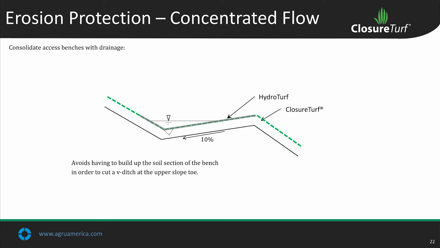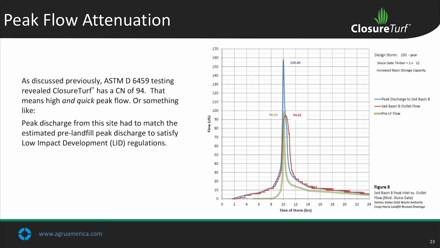One thing I like about using this system is we can consolidate access benches on sites, let's say landfill, and drainage. Here I've got ClosureTurf on the side slopes, and then HydroTurf along a 10% cross slope drainage bench, access bench.